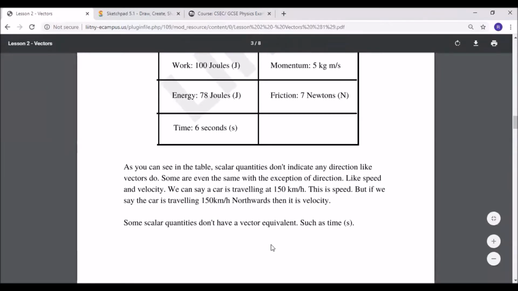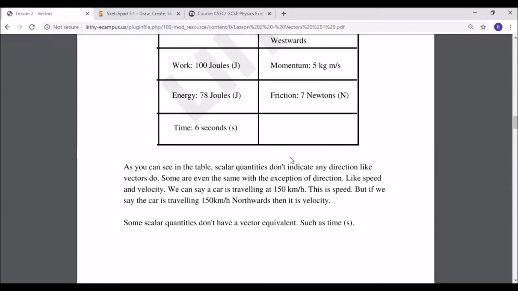And yeah, this is where I was distinguishing between scalars and vectors some more, where we could say scalar quantities don't indicate any direction like vectors do. Some are even the same with the exception of direction, like speed and velocity. We can say a car is traveling at 150 kilometers per hour.